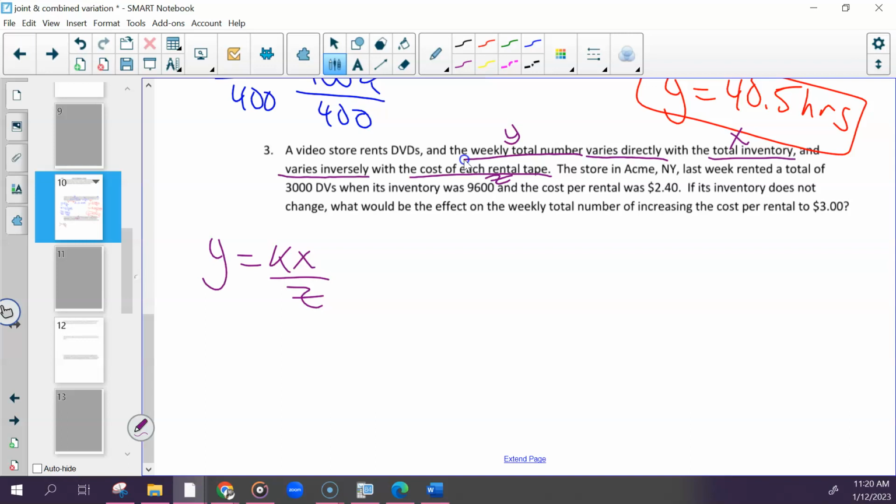Then, the store in Acme, New York, last week rented a total of 3,000, this was DVDs, when its inventory was 9,600 and the cost per rental was $2.40. Of those 3 numbers, which is which variable? Which one's Y, which one's X, which one's Z?